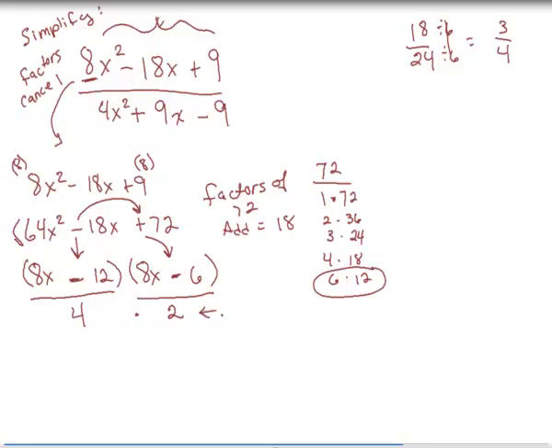They do happen to multiply to make that 8, so I'm dividing that 8 back off. You divide both of these by 4, you get 2x minus 3 times 4x minus 3. At the top, 2x minus 3 times 4x.